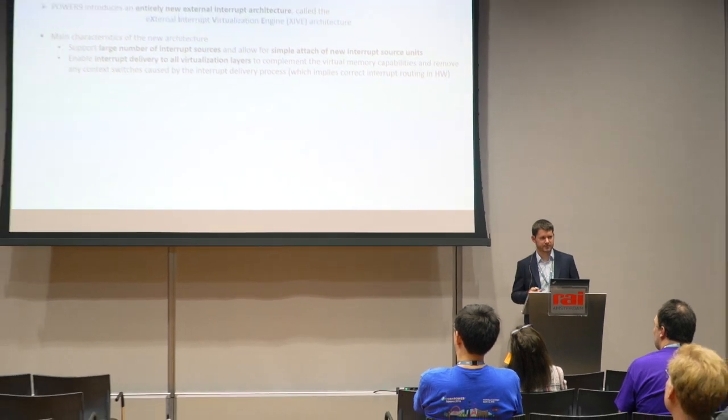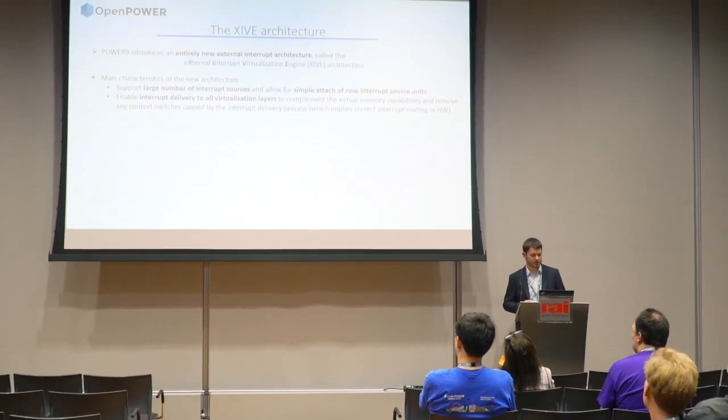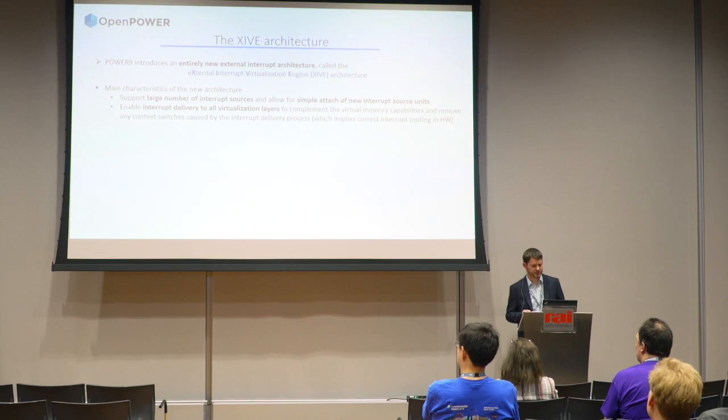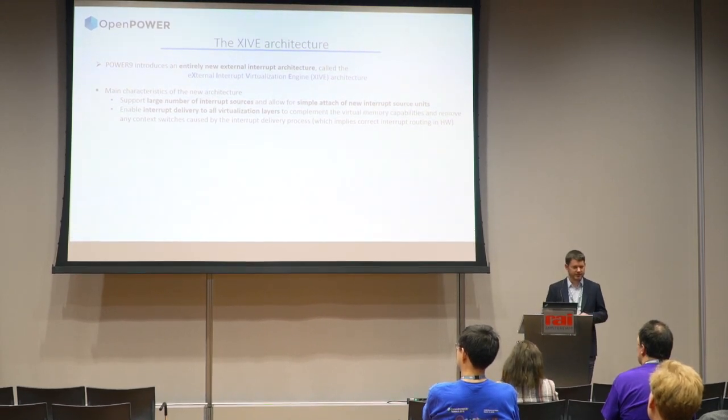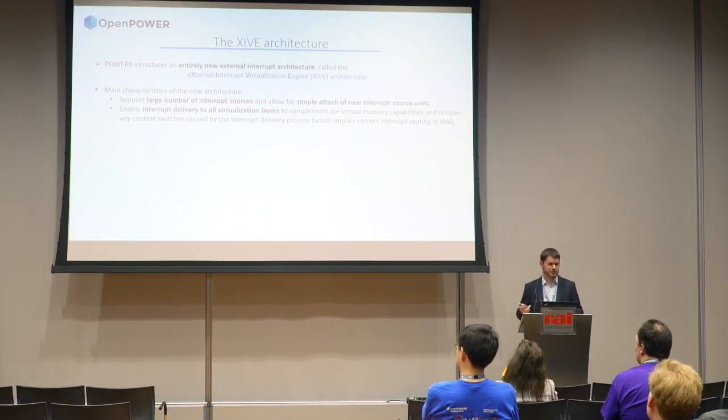So we wanted to have support for a very large number of interrupt sources and a very simple attach of those sources. The requester of an interrupt shouldn't have to care whether the interrupt can currently be presented or not. He should just make the interrupt request and be done with it.